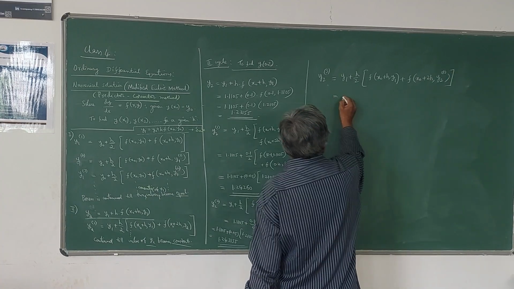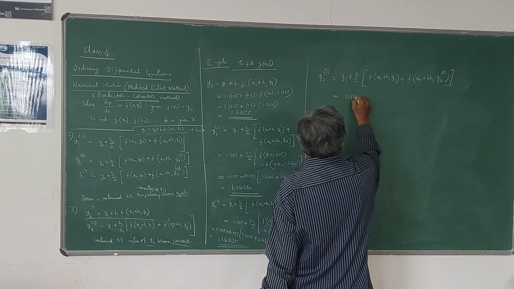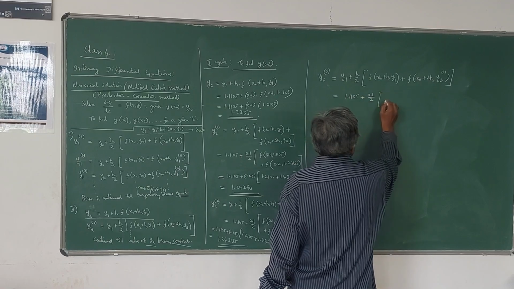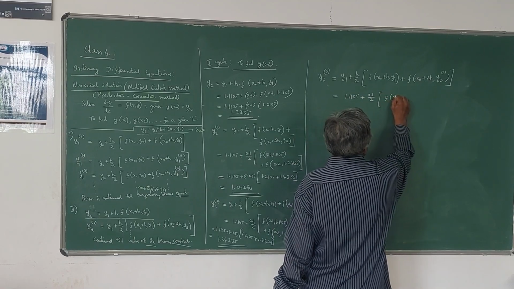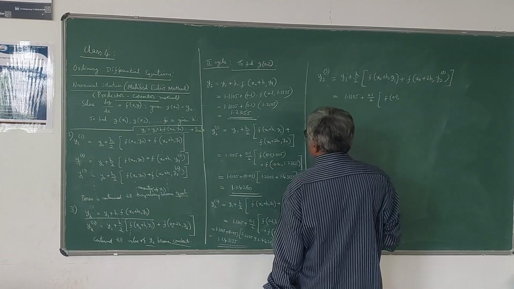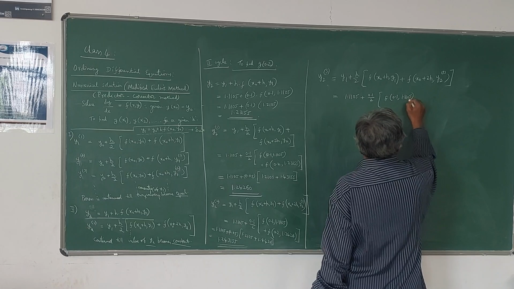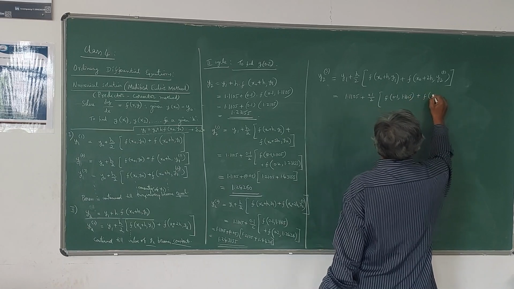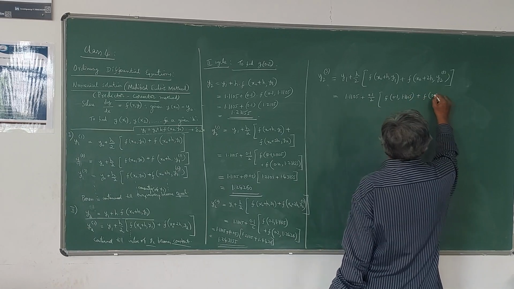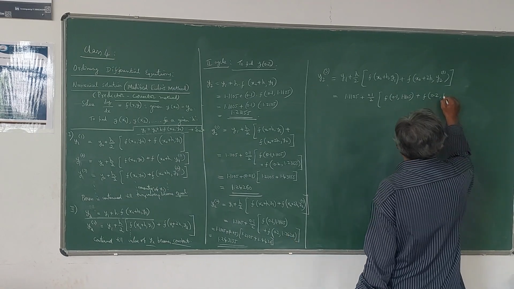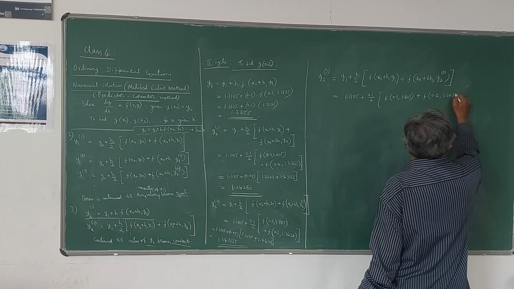Now if we substitute, 1.1105 plus 0.1 by 2 into the function of x naught plus h, which is 0.1, y1 is 1.1105, plus the function of 0.2 comma y2 of 2, this 1.243155.